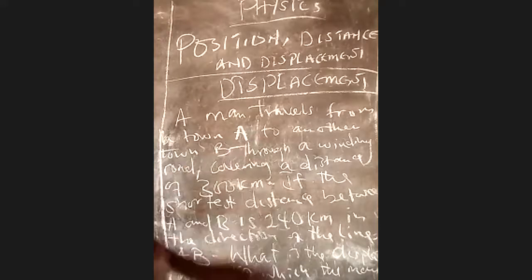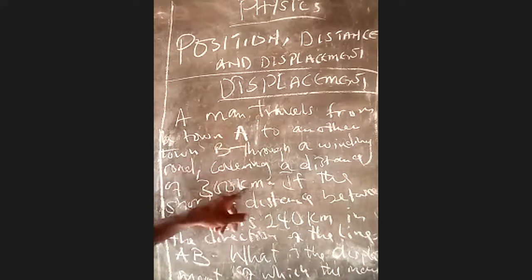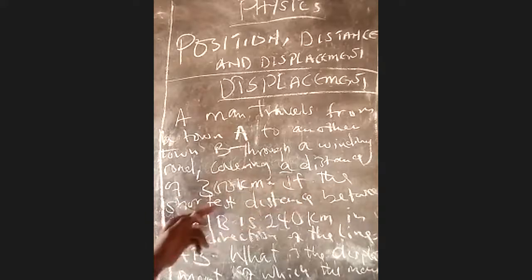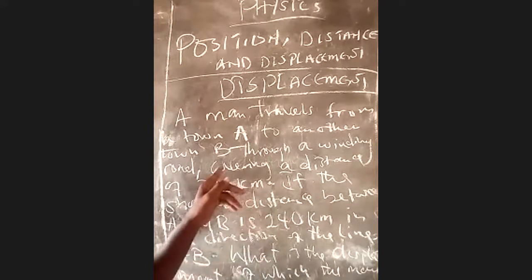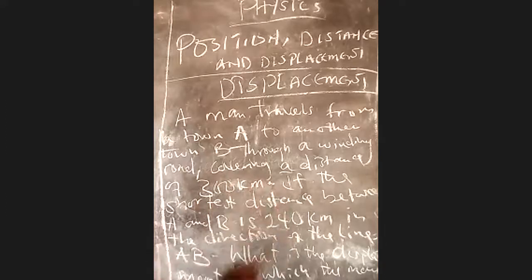Now, this one is 240 kilometers in the direction of the line, while the 300 kilometers is in the normal direction. So we want to find the displacement of the body now.